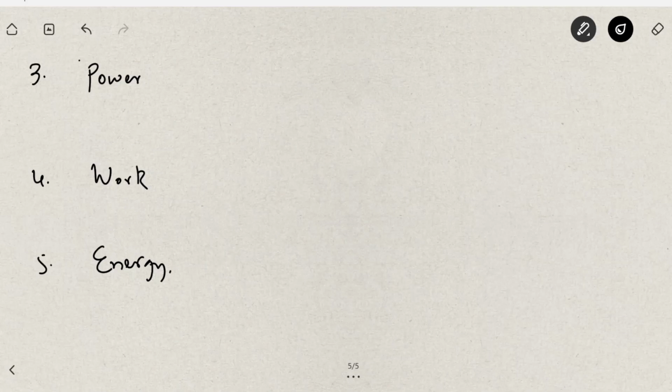So power is simply the time rate of expending this energy. We can say power is equal to dW by dt. We know that dW I can also represent as dW by dq into dq by dt.